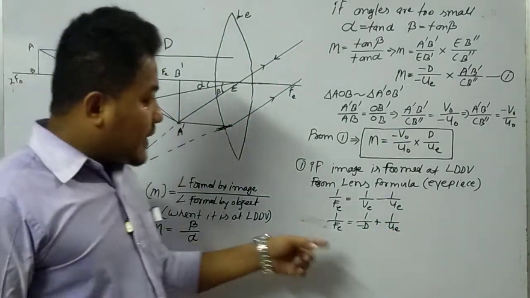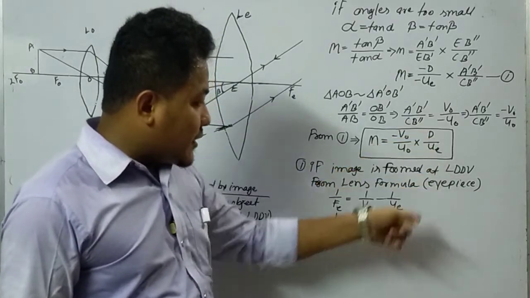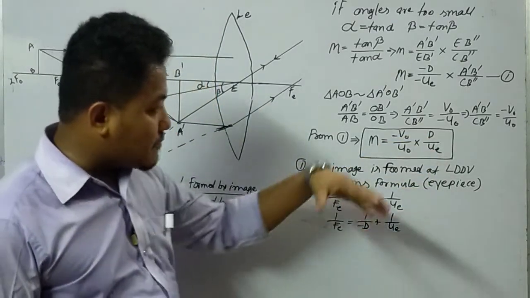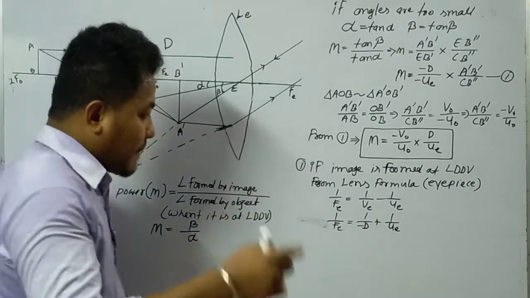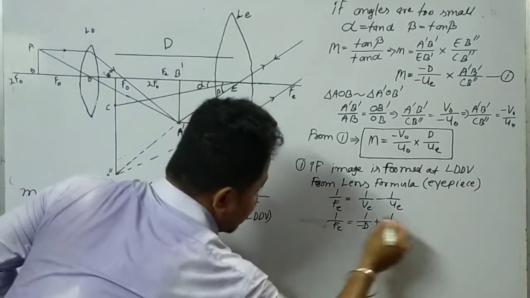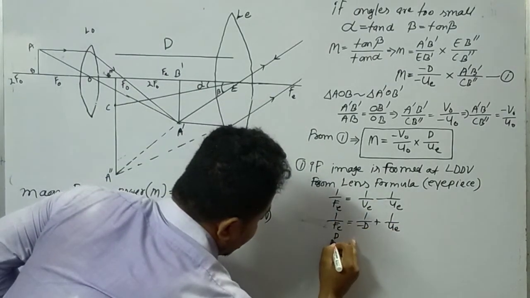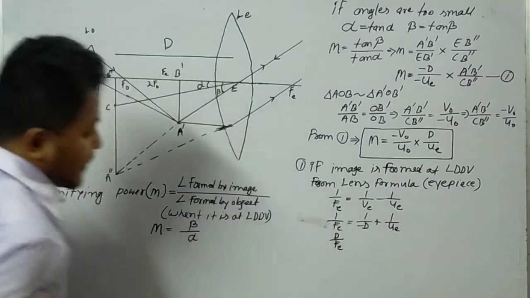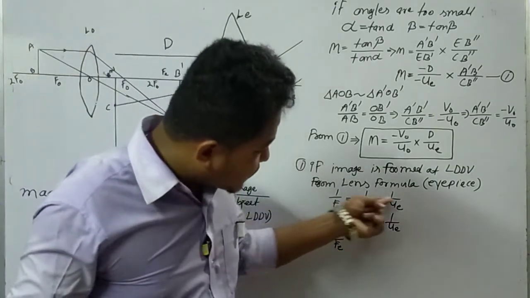Now I am to bring this D by uE here, so that I can match up with this equation. Now if I multiply both sides by D, what will you find? D by fE. Remember, I have multiplied both sides by D.